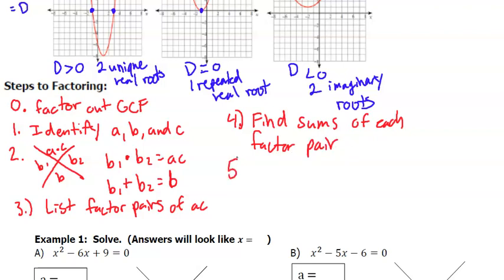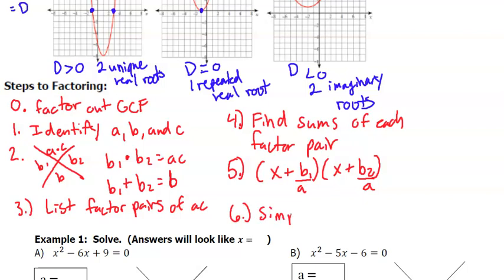And then step 5, we would have X plus B1 times X plus B2, and we're going to divide each of those found factors by A. And then the last step would be simplify the fractions and slide denominators to front.